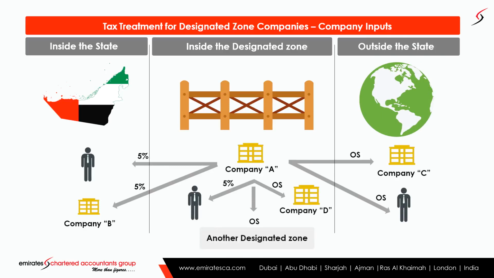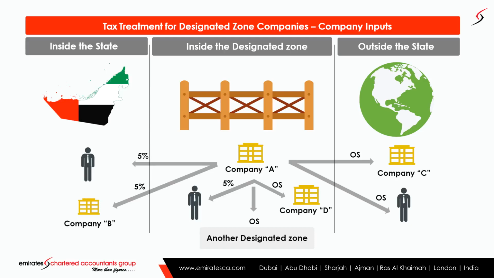A company registered in the designated zone is selling products to another company located outside the UAE. In such a case, it will be out of scope. The tax liability will not be there for the designated zone company. Even if the sale is made to an individual outside the UAE, still the tax liability will not be there. It will be an out of scope sale.